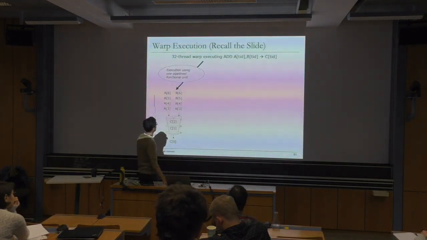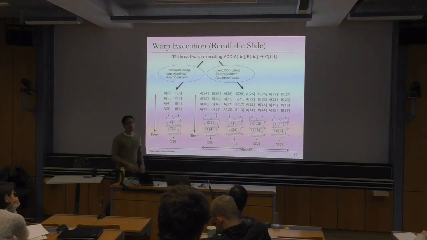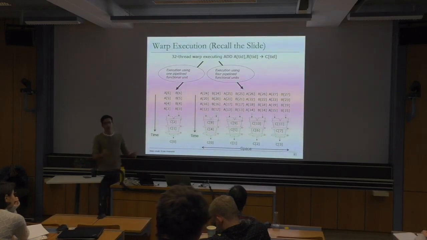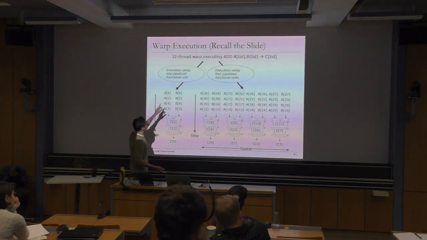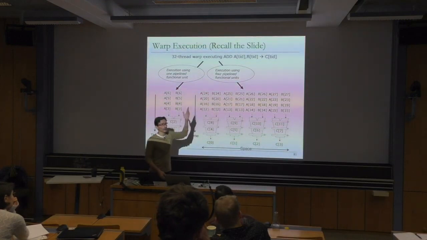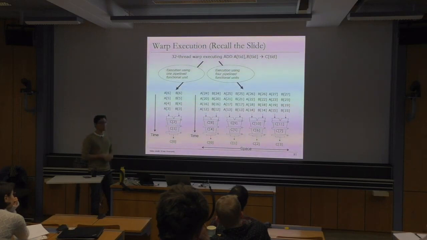Okay, you remember this slide, right? Now we don't talk about SIMD vector or array processors. Now we talk about GPUs. And now this add instruction is not a vector add. It's the add instruction for one warp, for example, warp 0. And it turns out that warp 0 is composed of 32 threads.